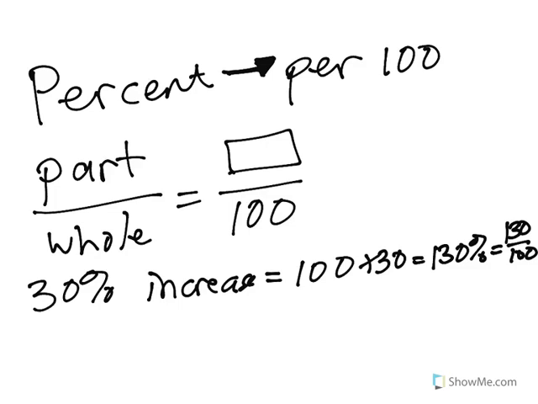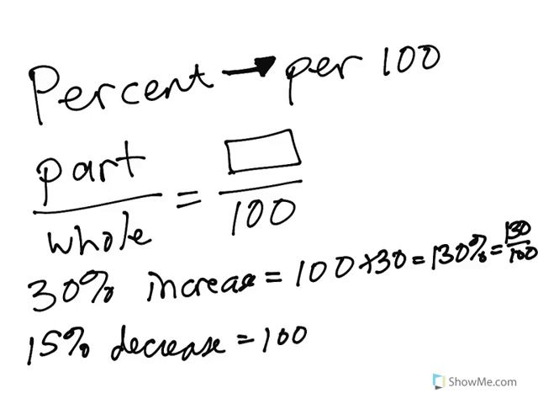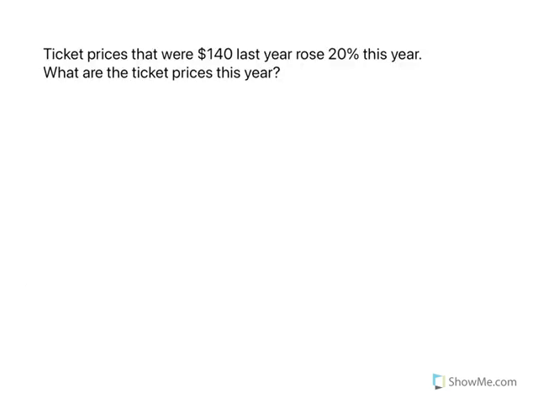Now, if we're talking about a 15% decrease, same idea. We start with our whole of 100, and because it's a decrease, we would take away. And that would give us 85%, or 85 over 100. So with percent decrease, we're dealing with less than 100, and with a percent increase, we're dealing with more than 100. Let's look at some examples.